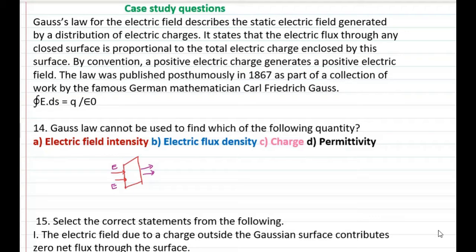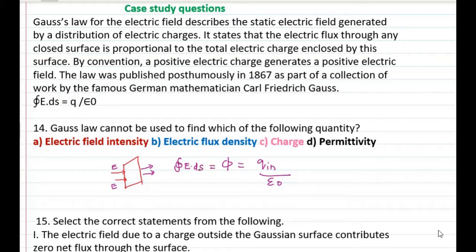Gauss law cannot be used to find out the following quantity. What is the formula we have? Phi is equal to the total charge enclosed within the surface divided by epsilon naught.